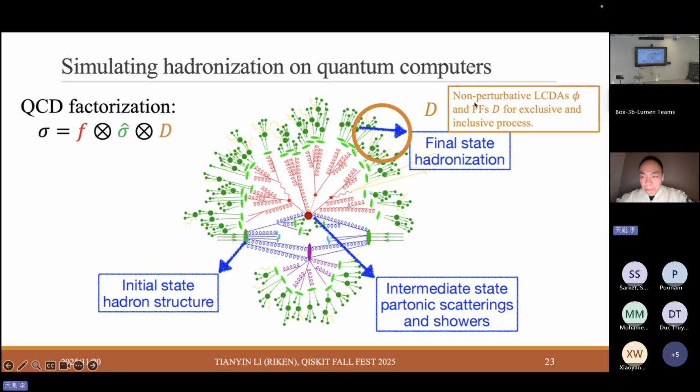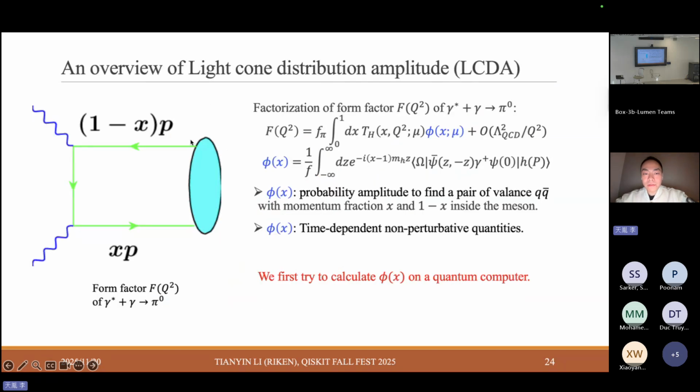For example, for the exclusive process, we need to use the light-cone distribution amplitudes to describe the hadronization process, while in the inclusive process, we need to use the fragmentation function. So firstly, I want to talk about how to simulate the hadronization of the exclusive process on a quantum computer. As I said before, we need to use the light-cone distribution amplitudes to describe the hadronization of the exclusive process.